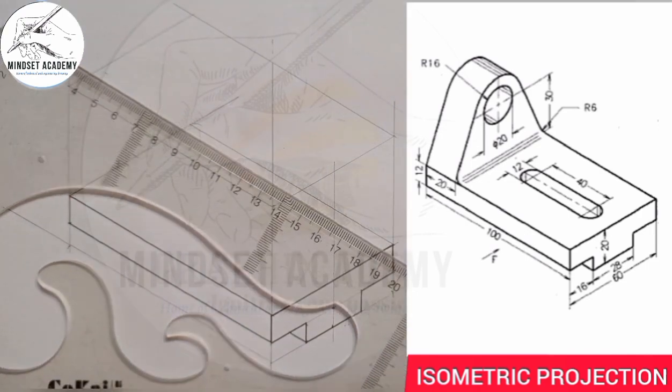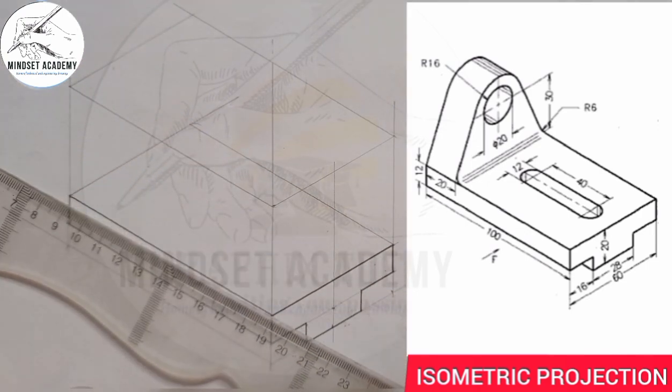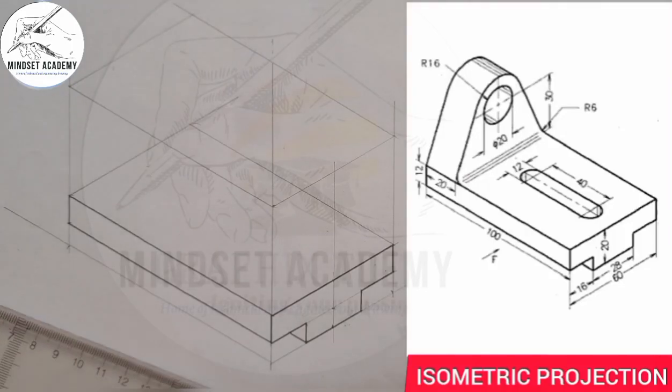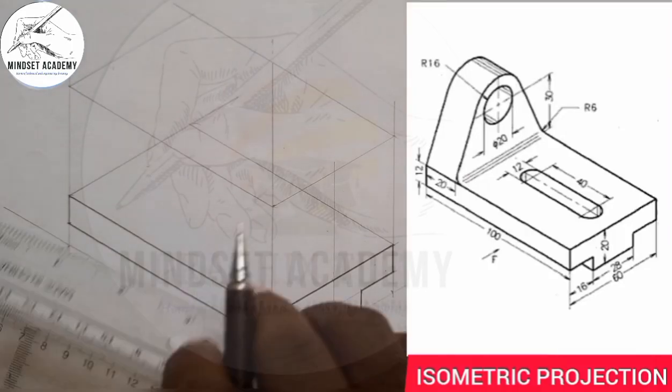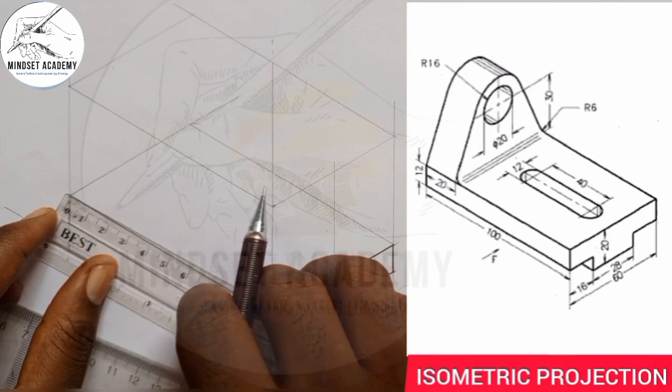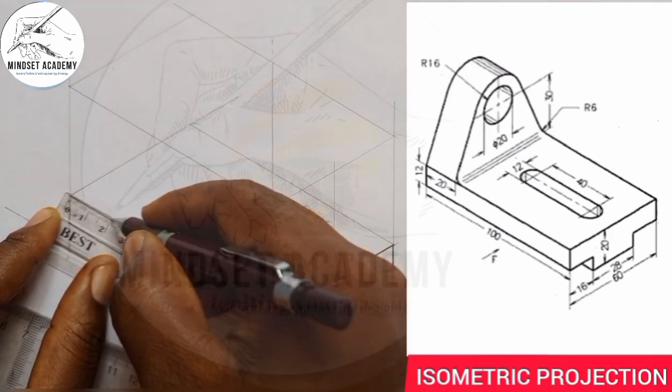So taken. Now if you look closely, we need to get the center of the thickness from here to here, which is given to be 20, right? And I'll measure 20 at this point here. Measure 20 from here. This is 20 here.